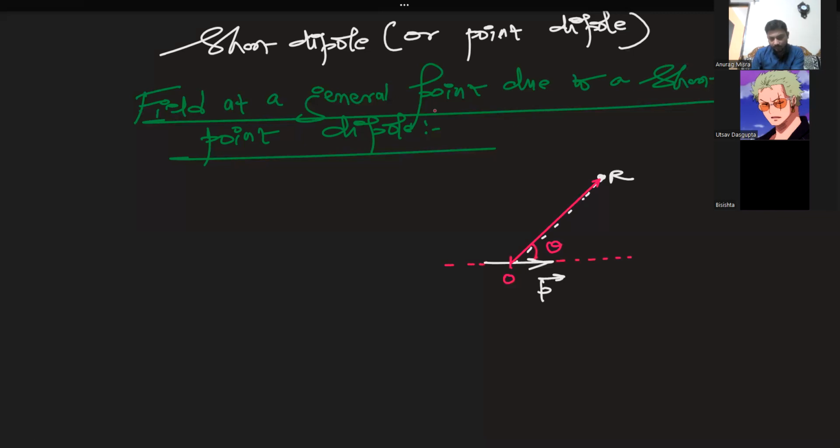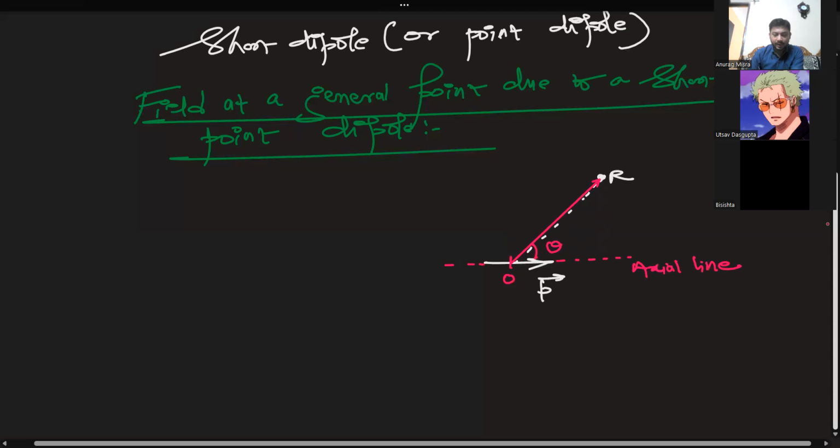This line is the axis of the dipole, right? This line is the axial line of the dipole. Okay? And suppose the distance is r from the center. What will be the field at this point?